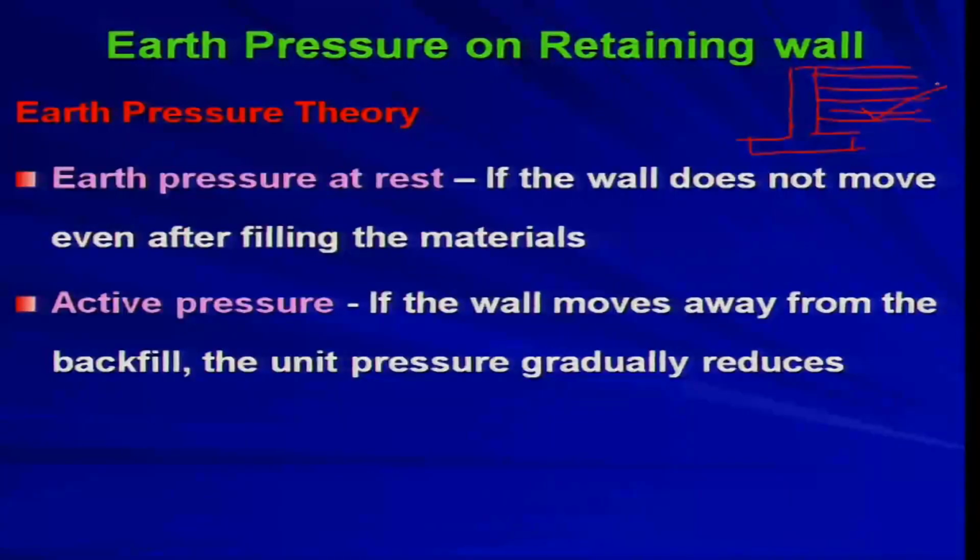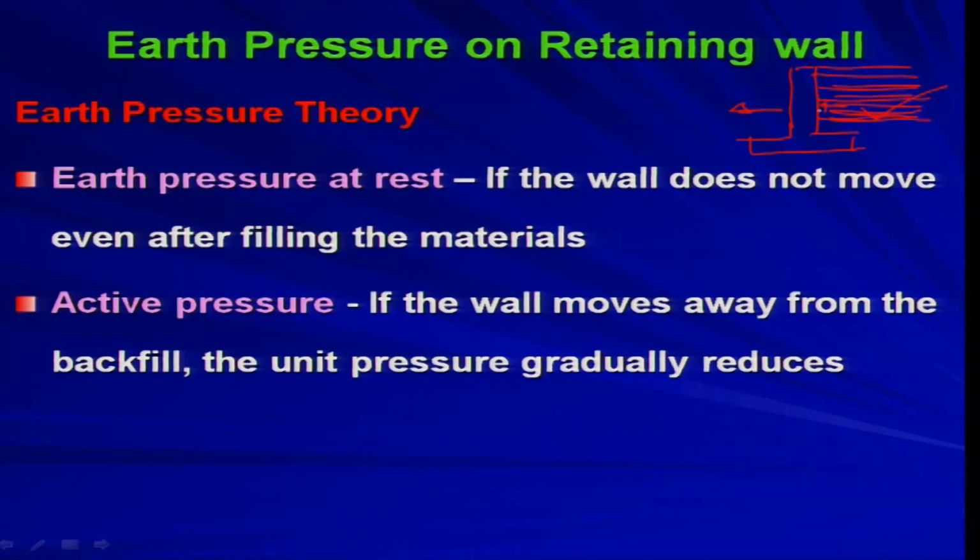Now, the second condition is active pressure. If the wall moves away from the backfill, the unit pressure gradually reduces. That means, in this situation, if the wall moves in this direction due to the backfill, that means you are filling it, you are compacting it, and due to that, whatever pressure is exerted on the wall. Okay.